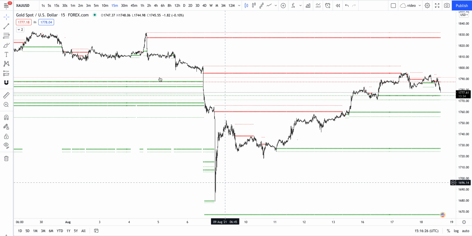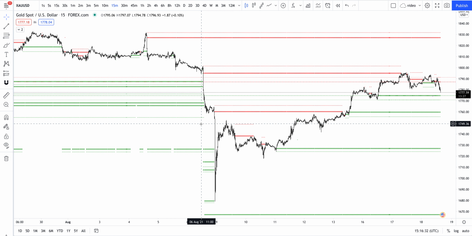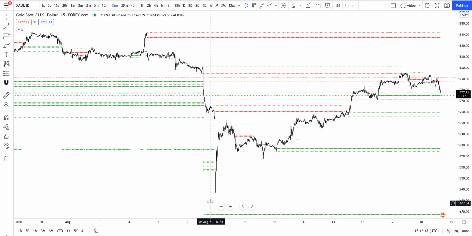When some demands start disappearing because they are hit, and once a zone is hit and broken, it is not valid anymore. So in this case, the indicator starts redrawing the previous historical important demands. As you can see, in this dump, all the demands were filled down to the lower ones.